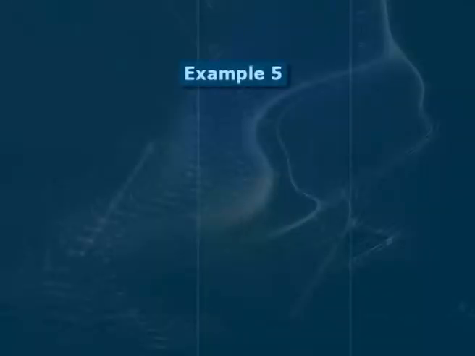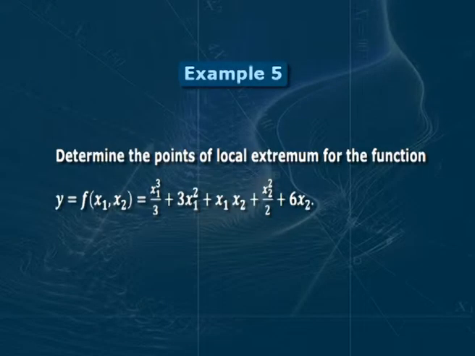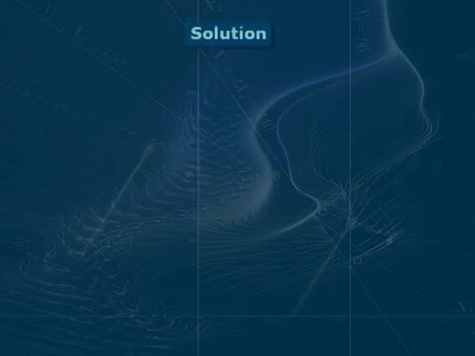Finally, let us consider one example to understand this. Example 5. Determine the points of local extremum for the function y equal to f(x1, x2) which is equal to x1 cube upon 3 plus 3x1 square plus x1x2 plus x2 square upon 2 plus 6x2. Solution.